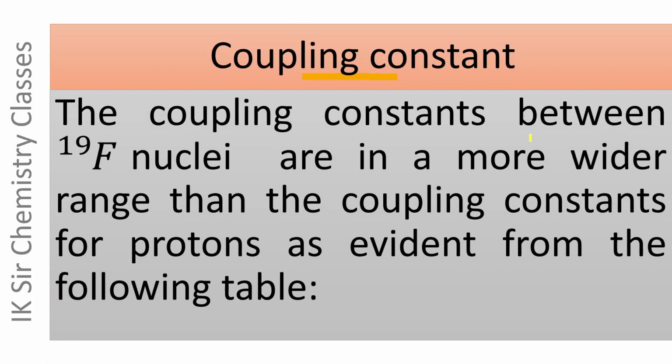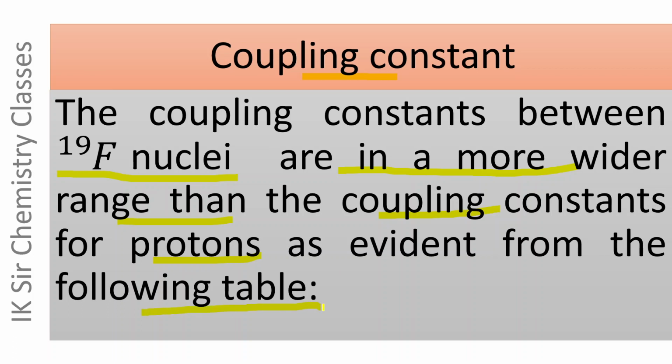The coupling constants between F-19 nuclei having I equals to half are in a more wider range than the coupling constants for protons, as evident from the following table.